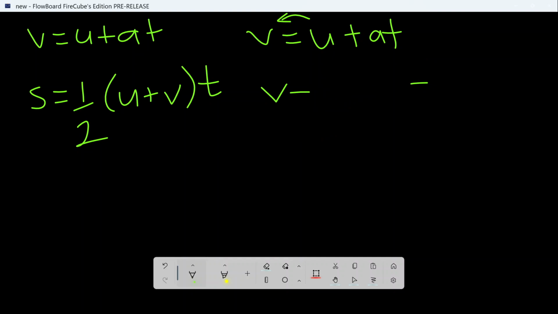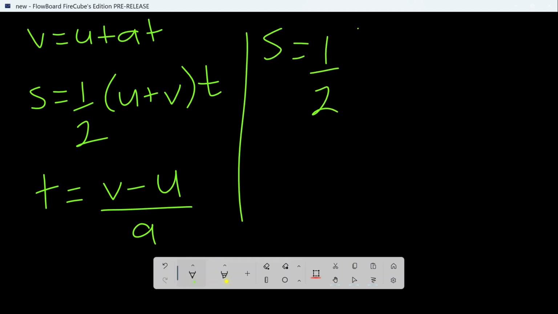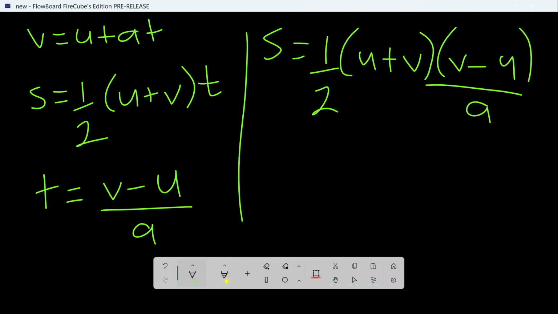So now we can get that and put it in place of t in this first equation. Let's just remove this. So we have a t right there. I'm going to substitute it with that. t is equal to v minus u out of a. So I'm going to substitute that. So we have s equals a half u plus v, and then v minus u brackets over a.